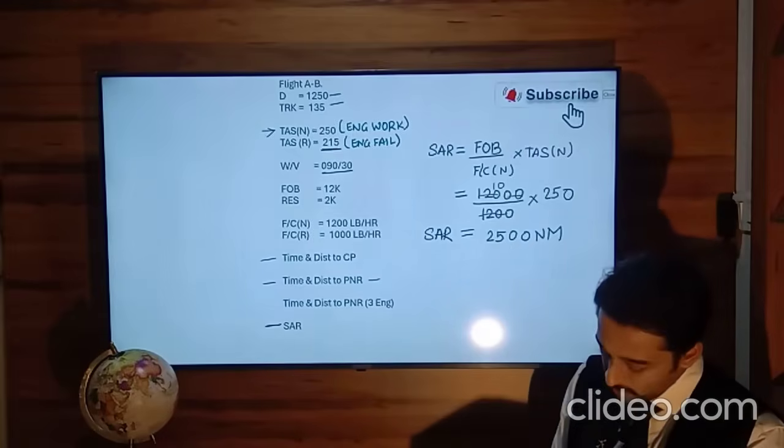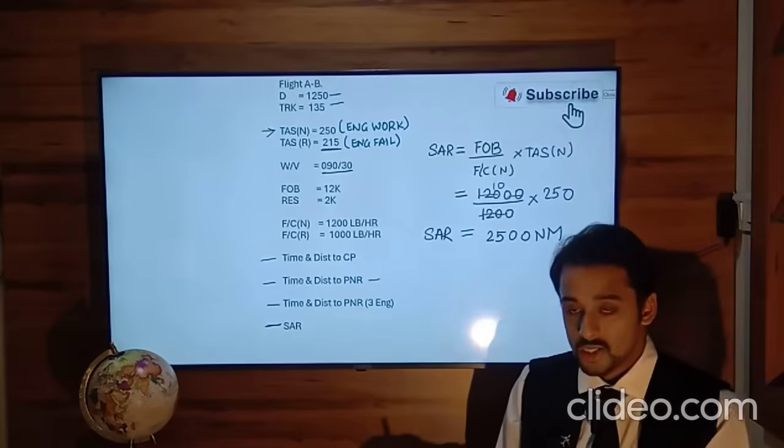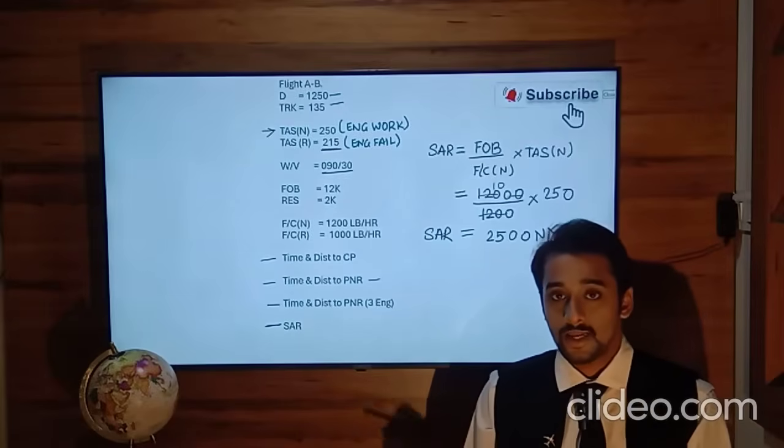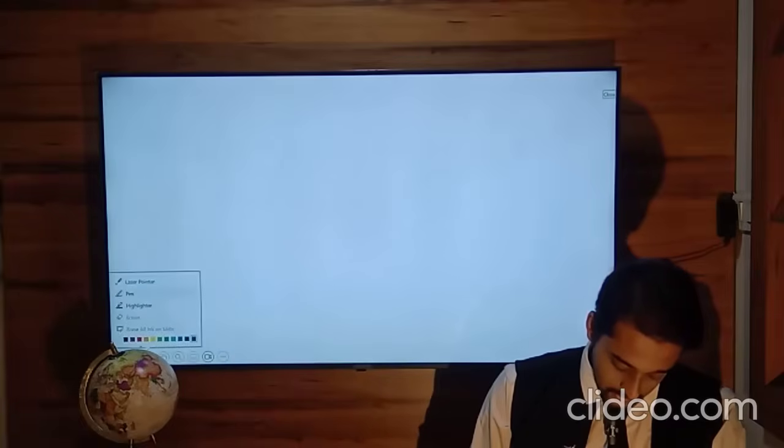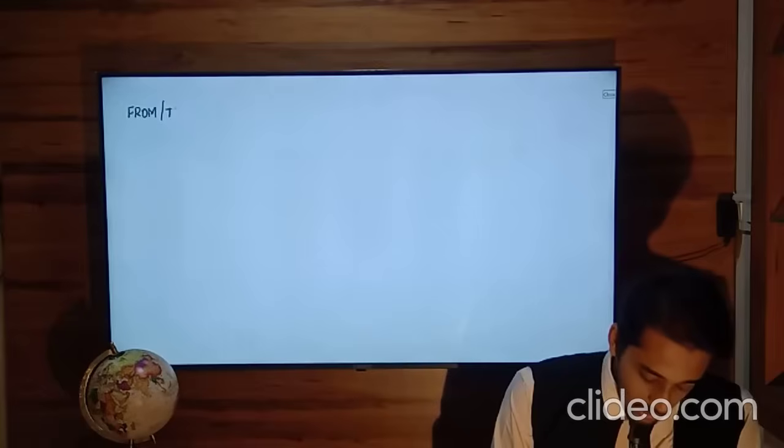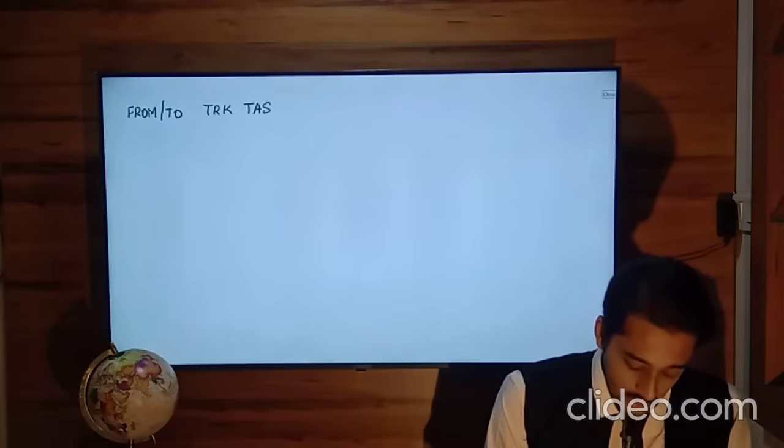Now last point, calculate time and distance to PNR considering that engines have failed. So let's draw the table: from and to, your track, your task, your winds and your ground speed.